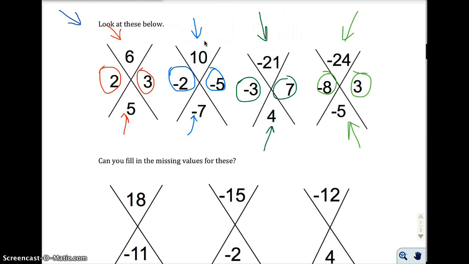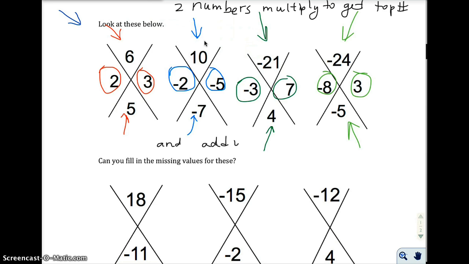So the rule is the two numbers multiply to get the top number and add up to the bottom number.